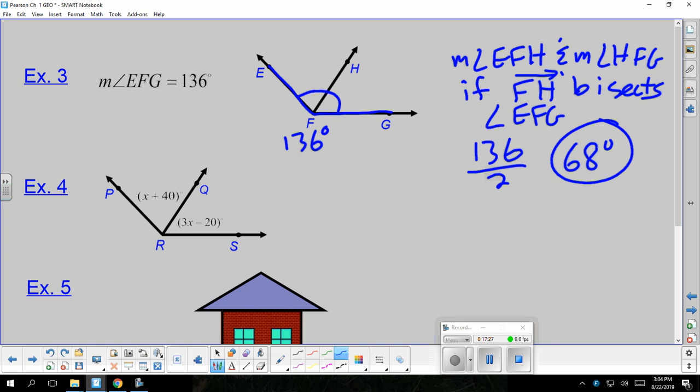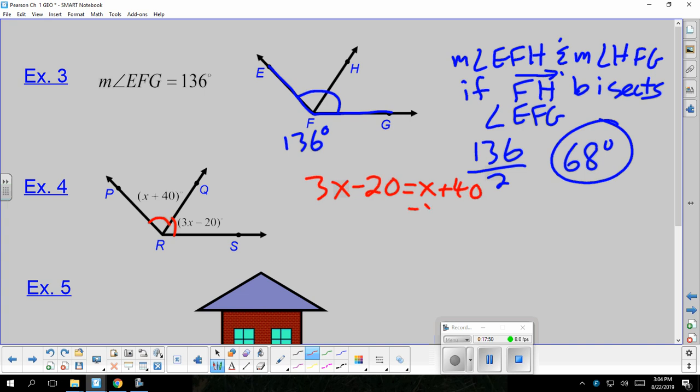Next one, we're given that RQ bisects PRS. So those angles are congruent. Whenever I know that I have a bisector, I know I have 2 congruent angles, so I can set those equal to each other. So 3x minus 20 equals x plus 40.